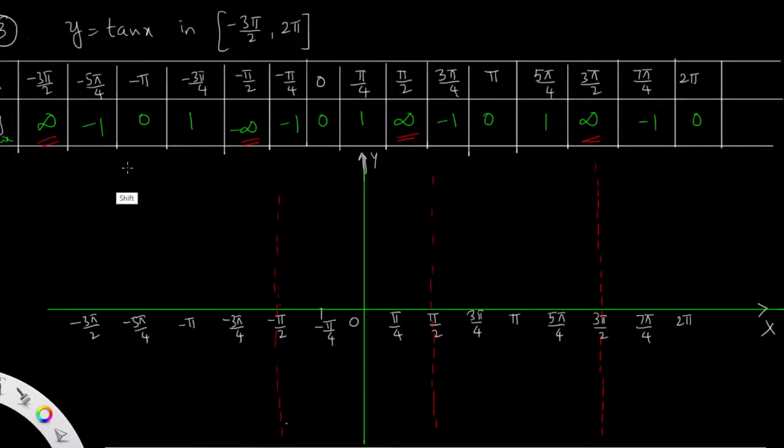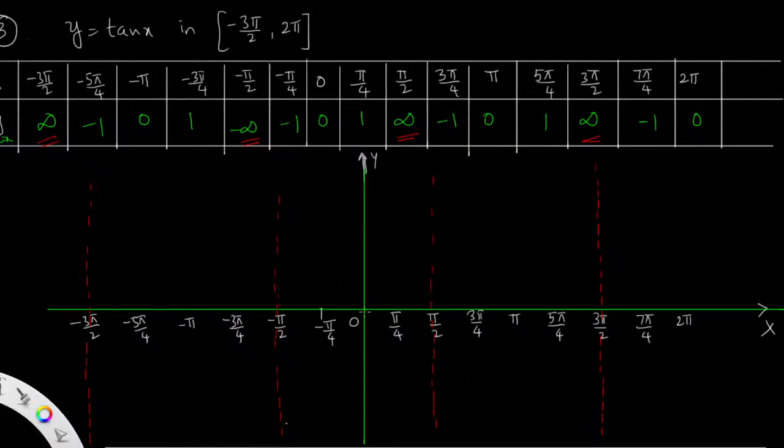And then minus 3 pi by 2. So now draw the graph by plotting the points.